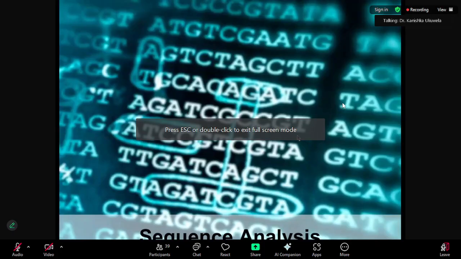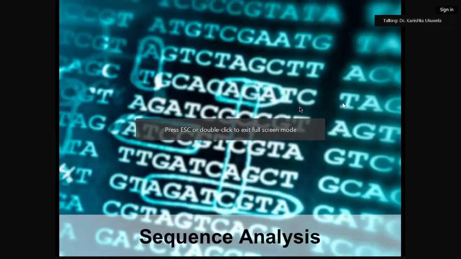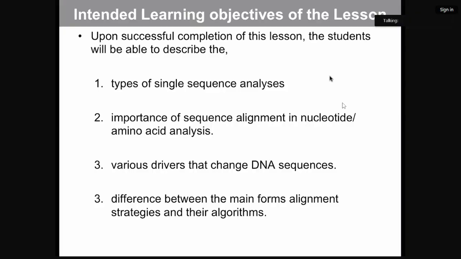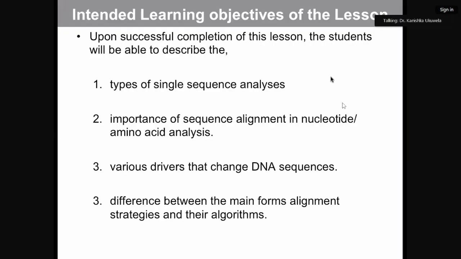Okay, so this lesson is on sequence analysis. So let's see what the content is. In this lesson, at the end of this lesson, I expect you to have some knowledge of the types of single sequence analysis, and the importance of sequence alignment and nucleotide and amino acid sequence analysis.